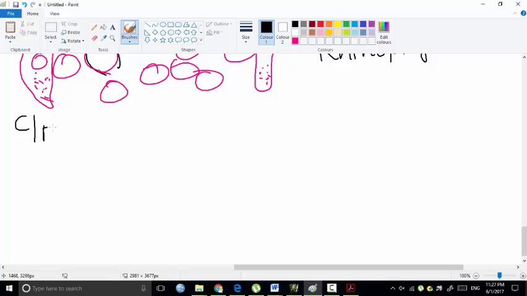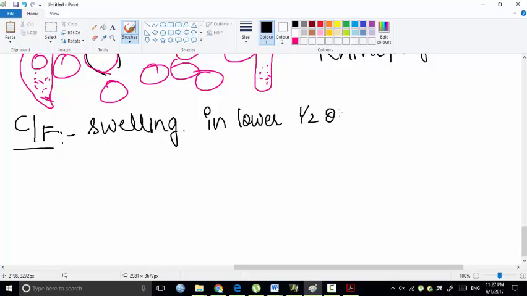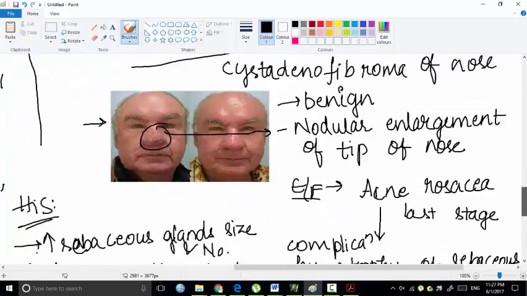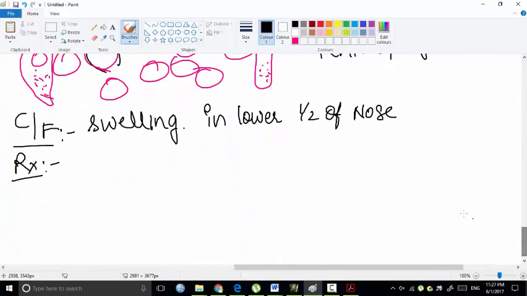Next, what are the clinical features of Rhinophyma? The major clinical feature is swelling in the lower half, as you have already seen, which is a nodular swelling. The treatment is basically, first, all this tissue which has been swollen should be removed first, right?